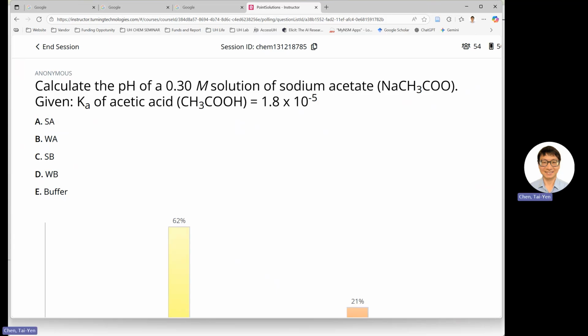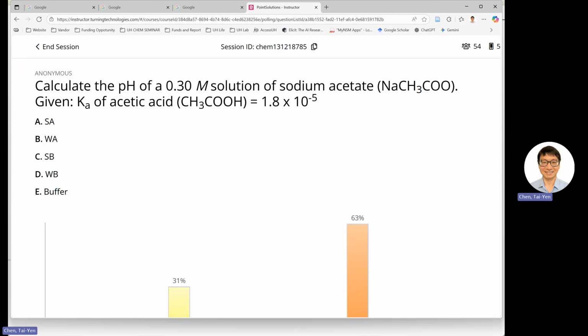Okay. So is it a weak acid, weak base, or buffer? Exactly, many of you say buffer, right? But it's not buffer. So what is it? Weak base. How do you know? Inside the question, everybody can see, right?